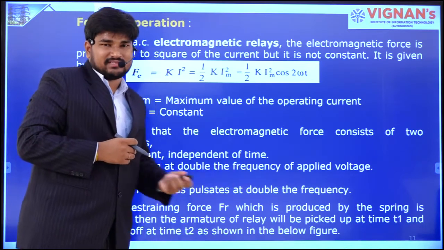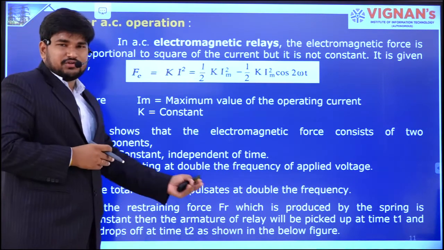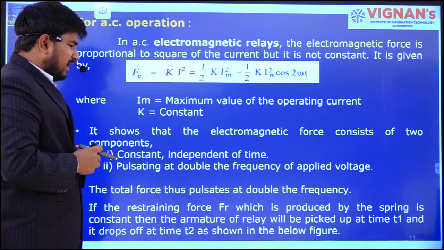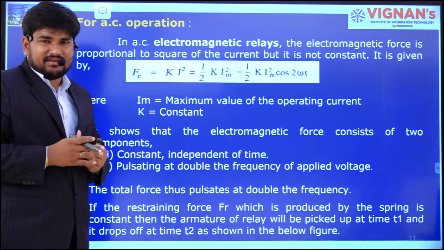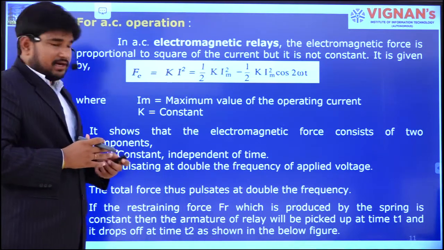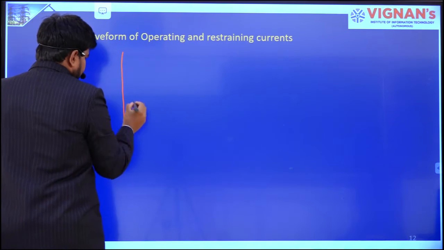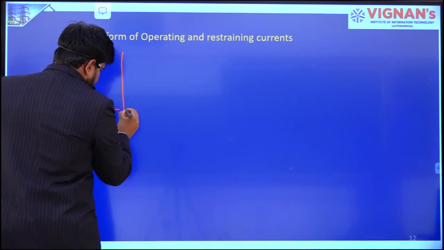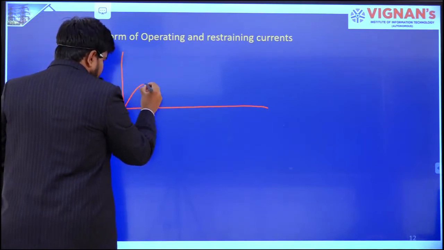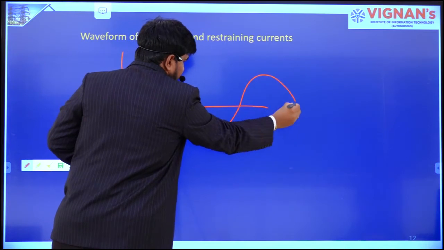If the restraining force Fr, which is produced by the spring, is constant, then the armature of the relay will be picked up at time t1 and drop off at time t2. Let us see here. For example, I am taking a sinusoidal supply, Im sin omega t, as I have shown previously.